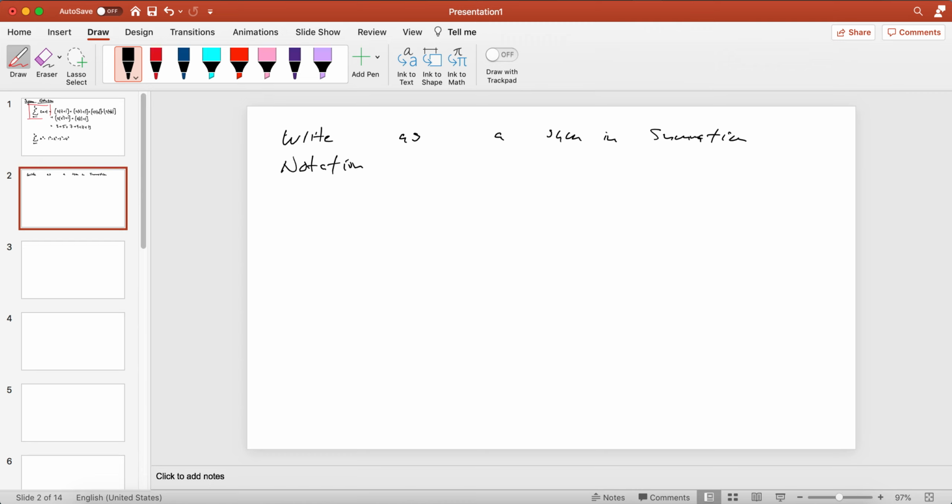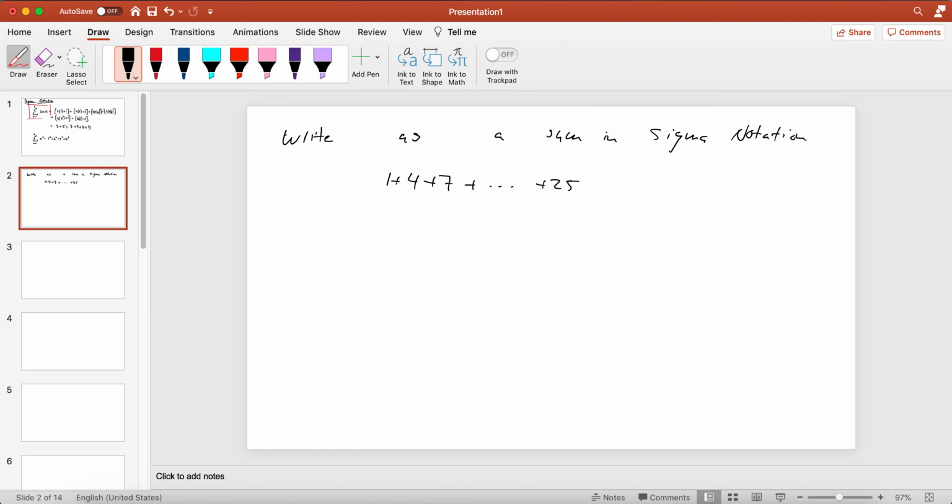So use sigma notation. Here's the sequence: 1 plus 4 plus 7 plus and so on up to 25.